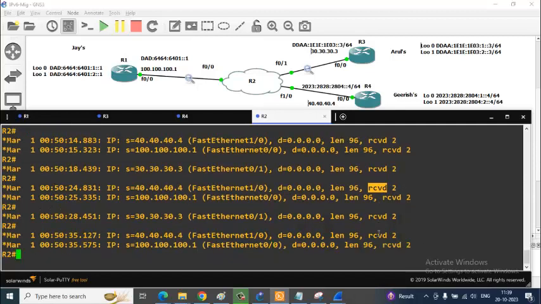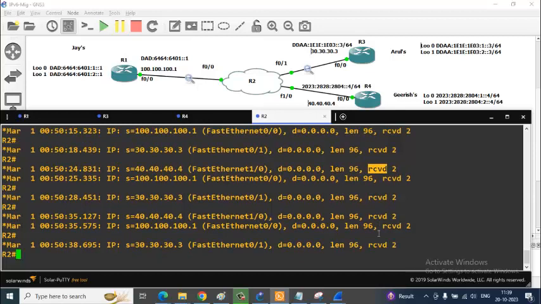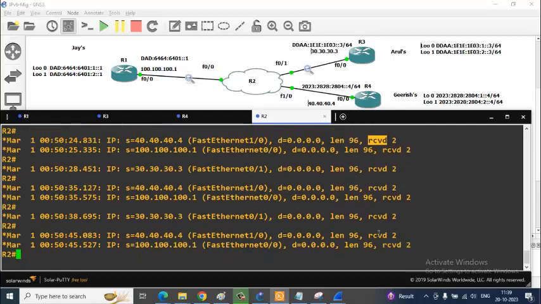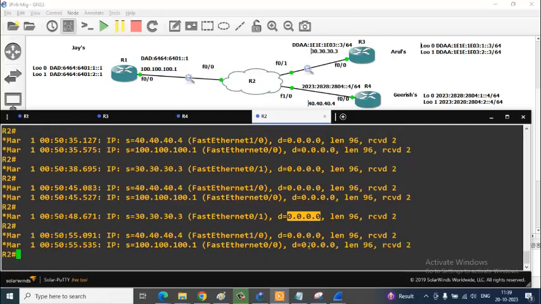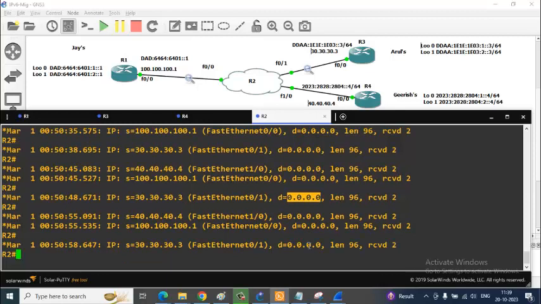So we have to make this work. Actually, routers won't flood. Routers won't flood. That's the problem. But I have done this lab earlier.